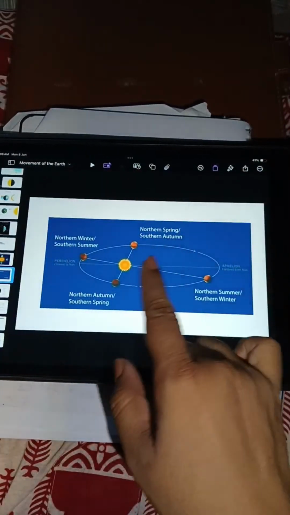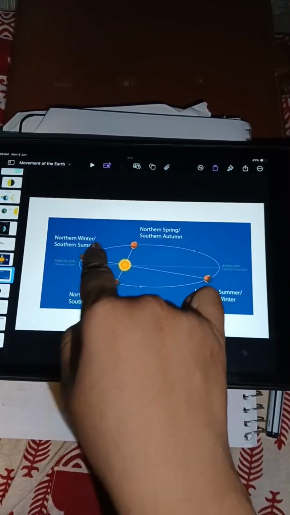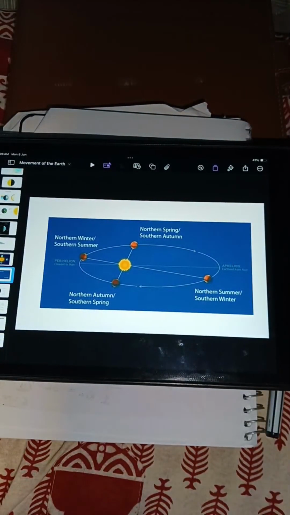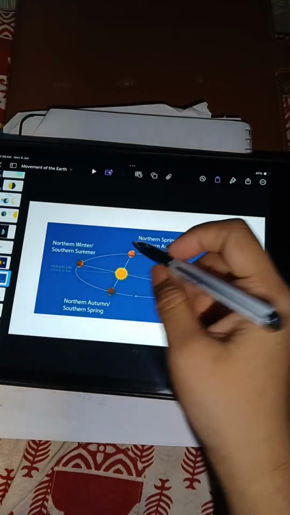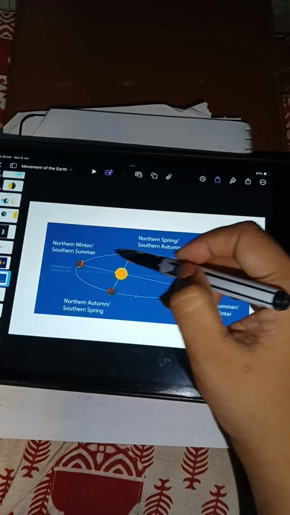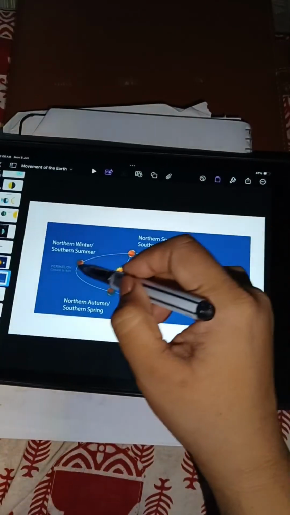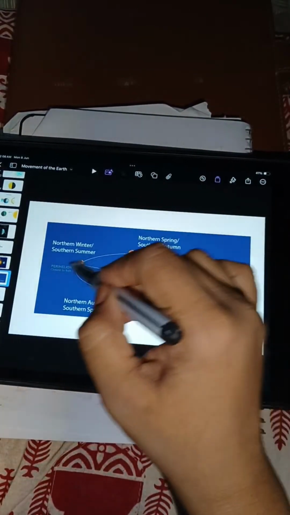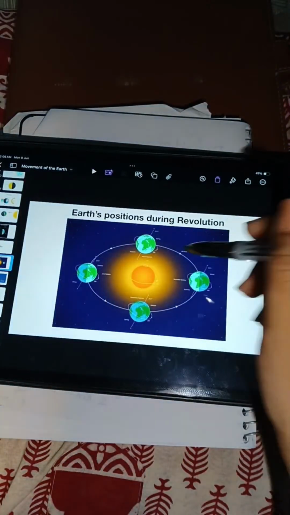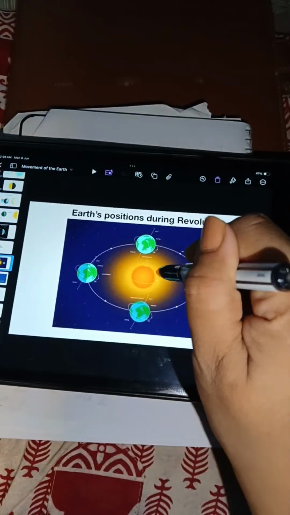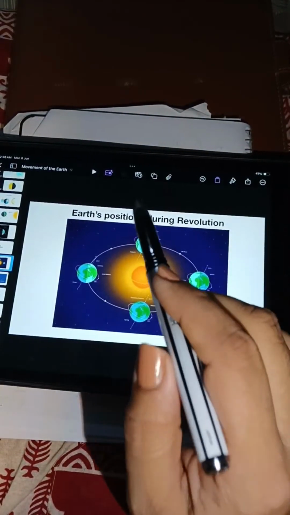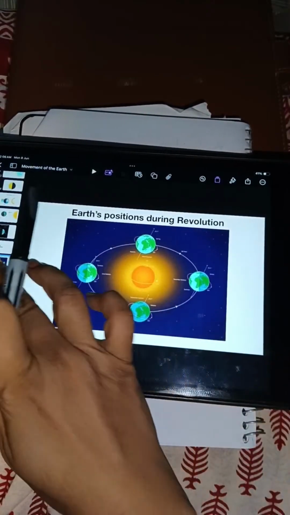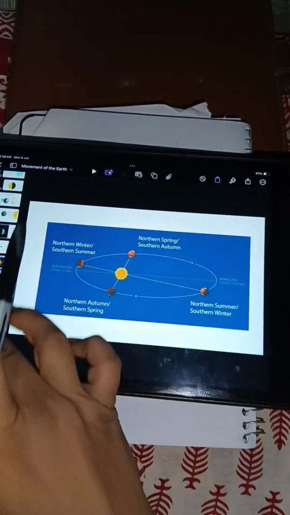You can see that this is the sun, this path is the orbit, and the Earth's position is changing because it is revolving like this. This is a diagrammatic picture. For ease of diagram the sun is in the middle, but actually Earth's orbit is elliptical in shape.